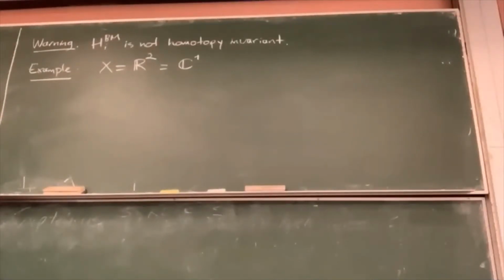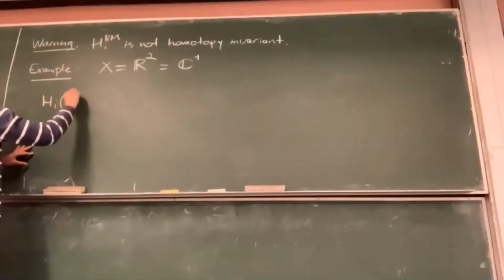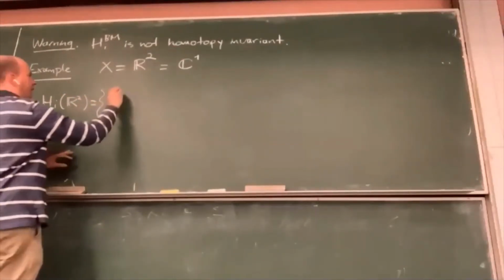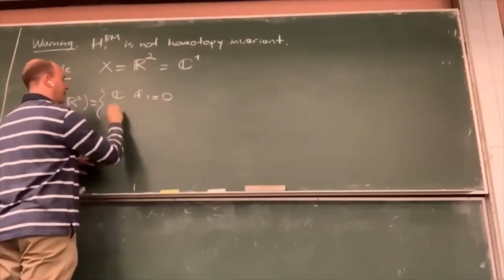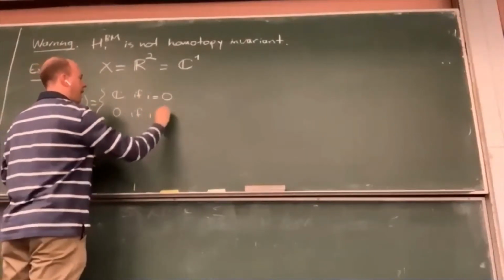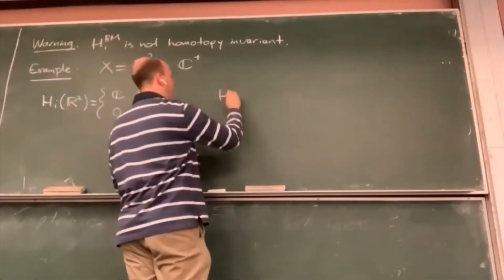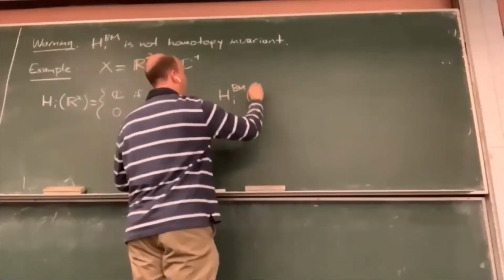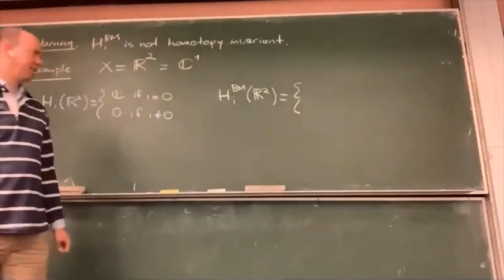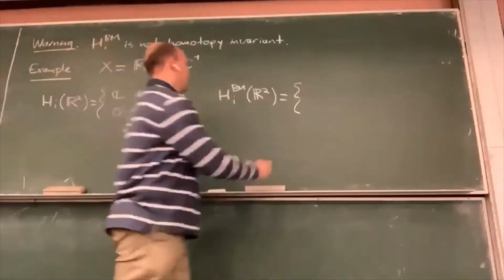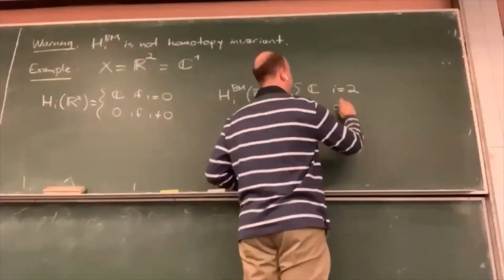Then the ordinary homology groups of R^2, of course, taking C coefficients, is one dimensional in degree 0 and 0 otherwise. But I claim that the Borel-Moore homology groups are different. In fact, they can detect the fact that R^2 is two-dimensional. So you get non-zero homology in degree 2 and 0 otherwise.